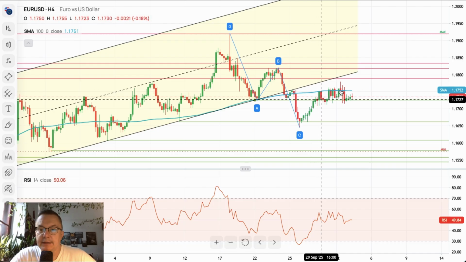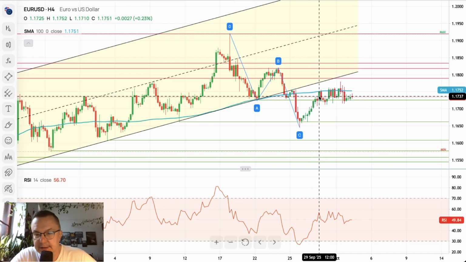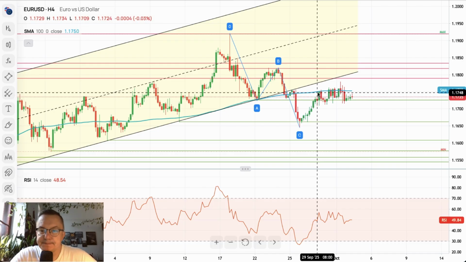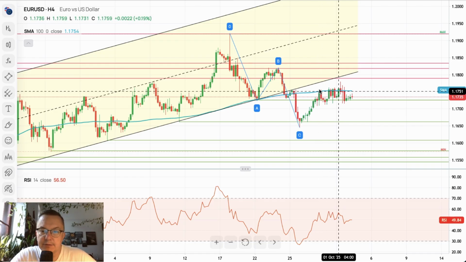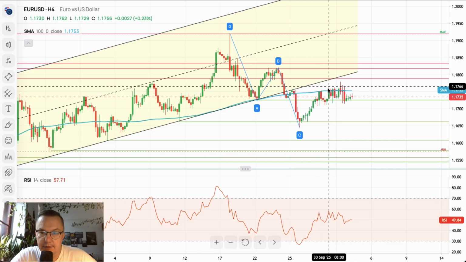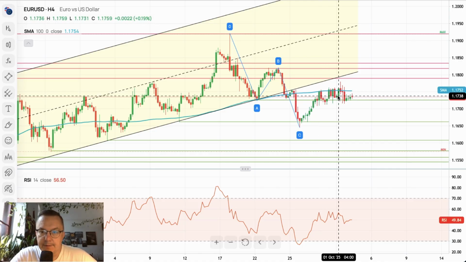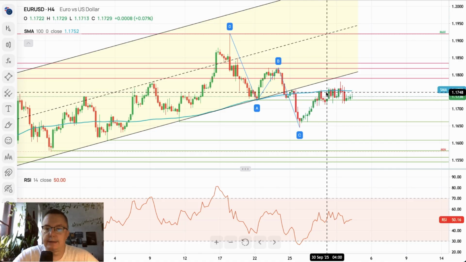However, you can see that the battle between bulls and bears were present even lower, especially around the 100 periods moving average. There's multiple bearish engulfing patterns around this level.